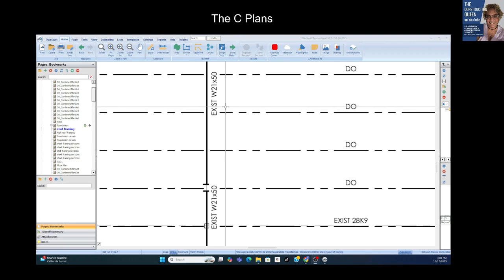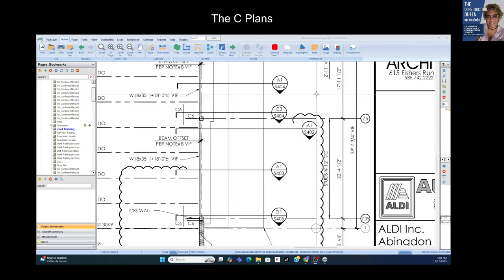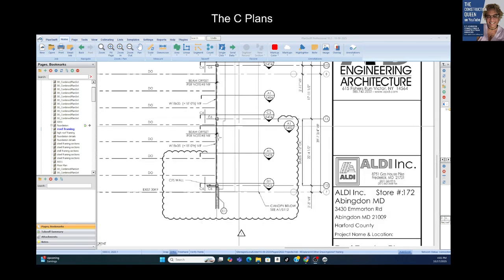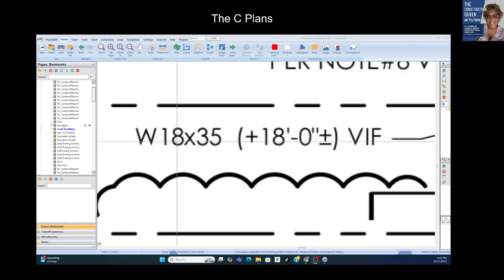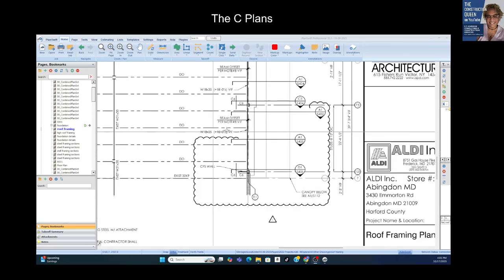And yes, fabricated metals are priced by the ton, not by the square foot, not by the linear foot. So anytime you use beams like that, you have to do the math and determine how many pounds you have. All right. Same for a W18 by 35. What does that mean? It means that it holds 35 pounds per linear foot. So once I know how many linear feet I have, I can determine the weight easily.